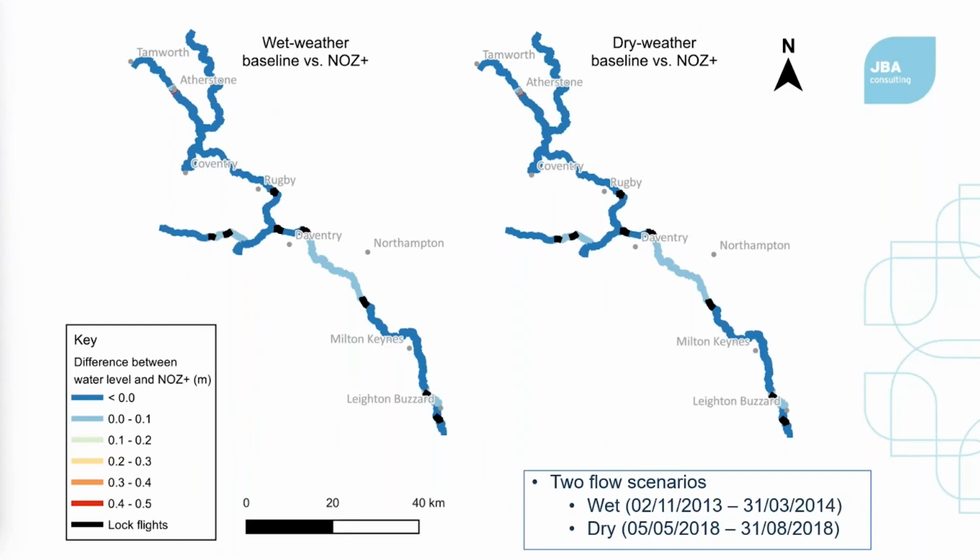We commissioned some new survey to be more confident in some of the by-weir heights. We calibrated Manning's n values. But in the final model, which is what you see here, the water levels are within about 50 millimeters of the normal operating zone in most cases. And for our purposes, that was satisfactory.